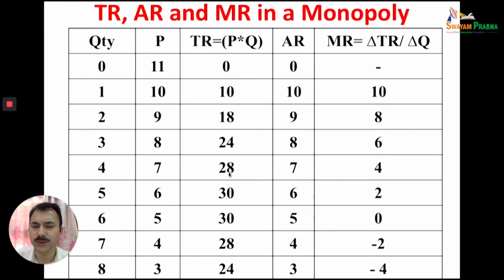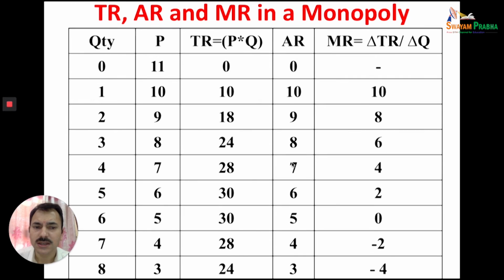Total revenue is price multiplied by quantity. Whereas average revenue is the per unit revenue of the commodity, total revenue divided by quantity. Total revenue 10, quantity 1, AR is 10. Total revenue 18, quantity 2, average revenue 9. So total revenue divided by quantity is the average revenue of the producer.